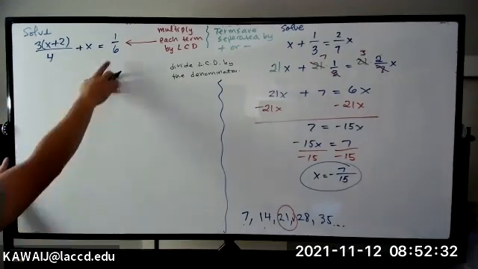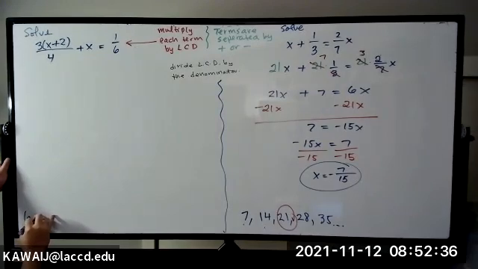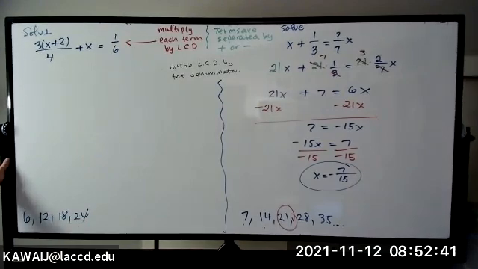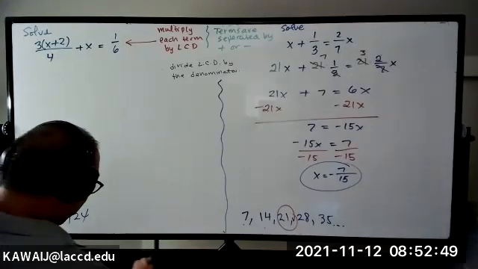Now, 6 is my biggest number. I'm going to skip count by 6. And the first number that 4 divides into is 12. So I'm going to multiply each one of these by 12.